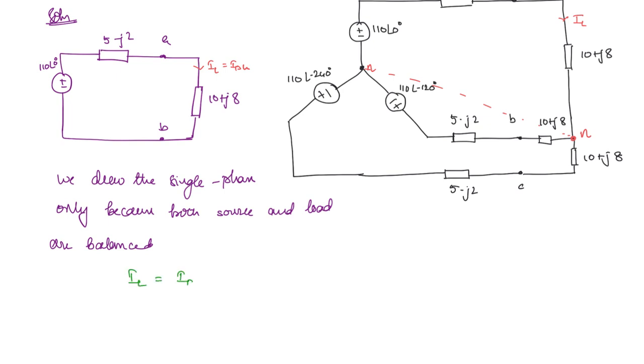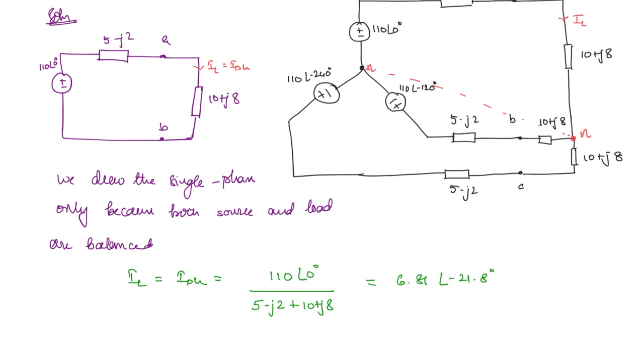This is equal to the phase current, which is equal to the voltage 110 angle 0 degrees divided by the impedance. Here we have a series combination, so 5 minus J2 plus 10 plus J8. Thus if you calculate, you're going to get 6.81 angle minus 21.8 degrees.